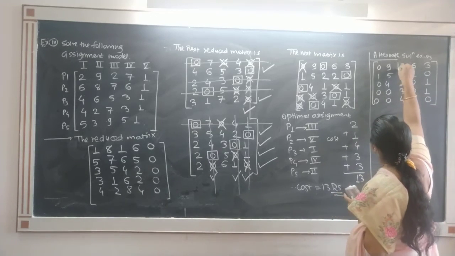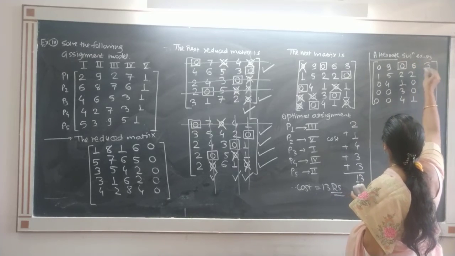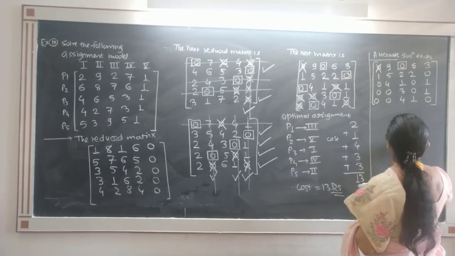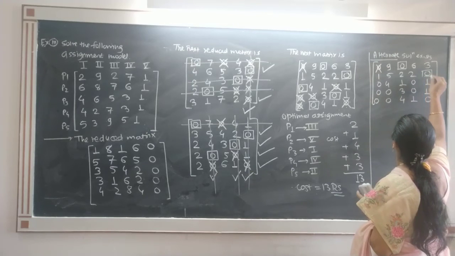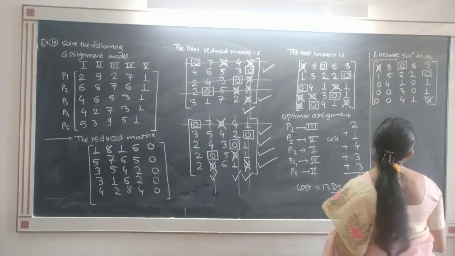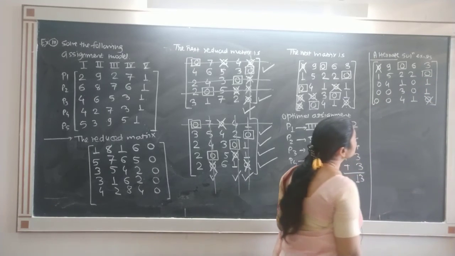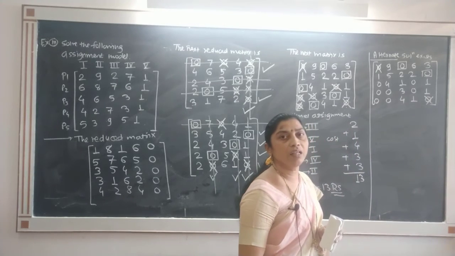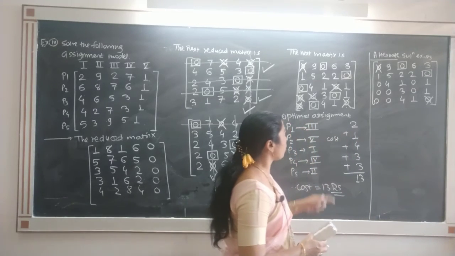Search for single zero in the third column. In the second row, cross out this. Now there is no single zero, so we can box any one.